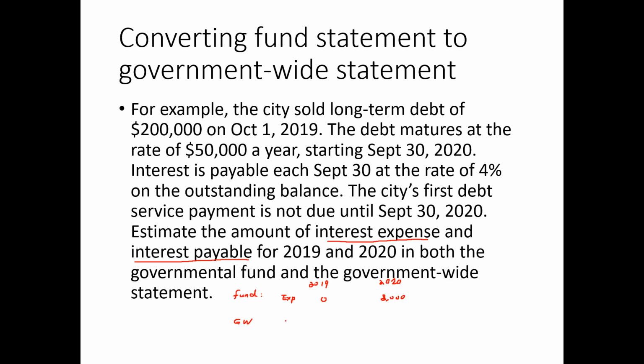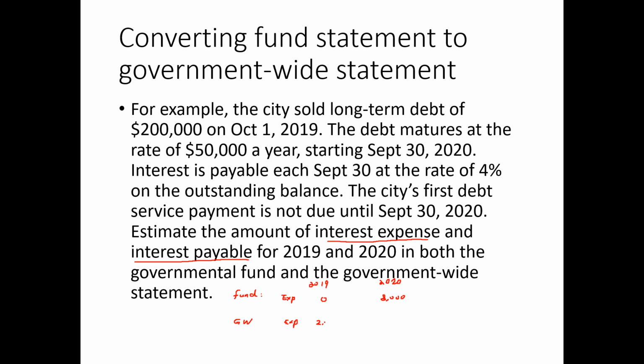So for the government-wide statement, let's see what the expense is. Government-wide interest expense for 2019: although we didn't pay, we have to accrue the interest under accrual basis accounting. We need to accrue three months of interest, October, November, December, and that's going to be $2,000.